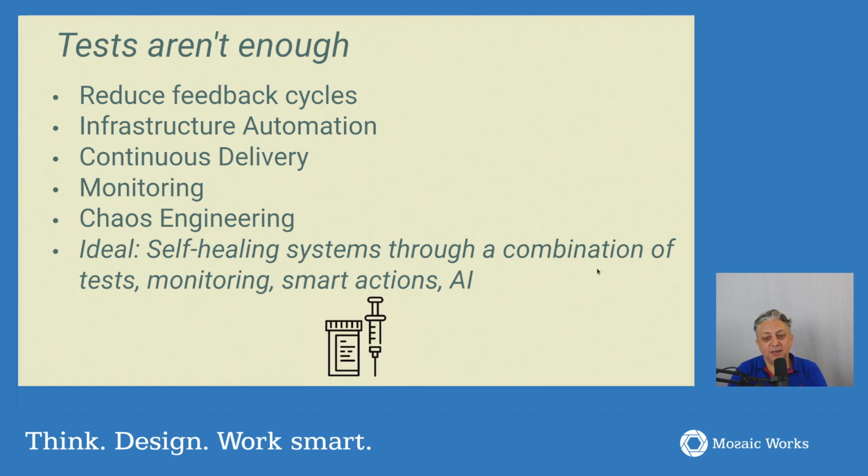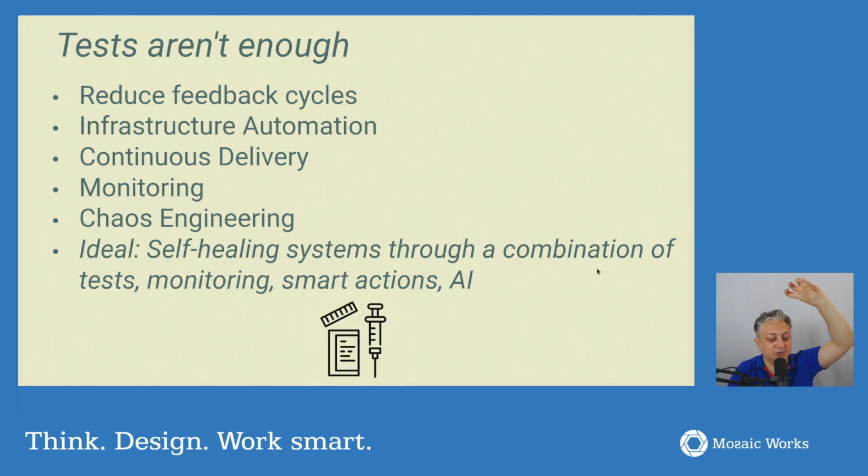Self-healing systems would more likely be done through a combination of tests, monitoring, smart actions, and AI. So for example, first of all, you write tests, which remove a few of the common bugs, or many of the common bugs. Then you take it into production.